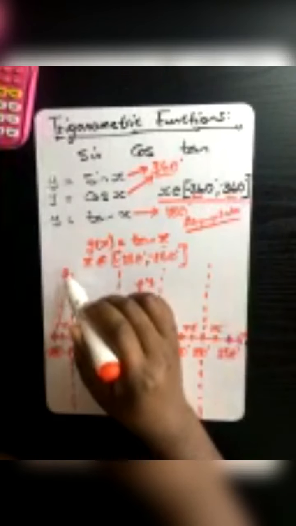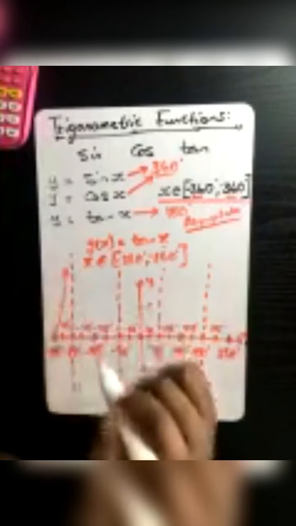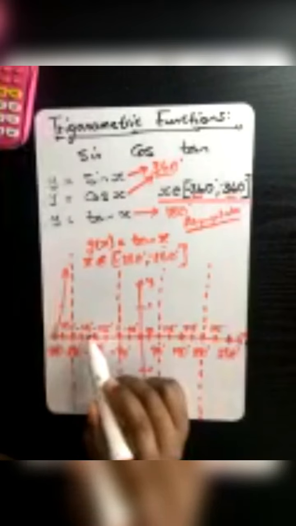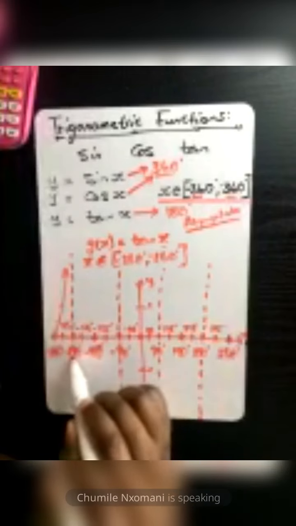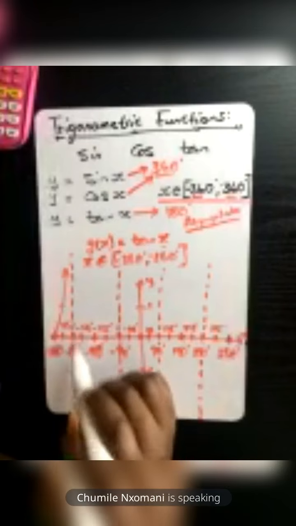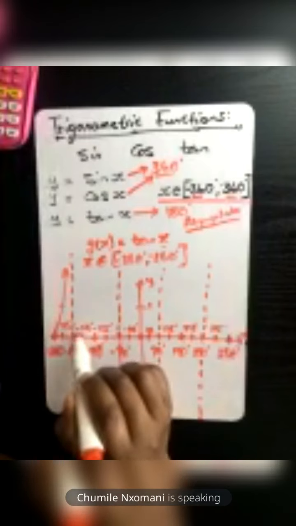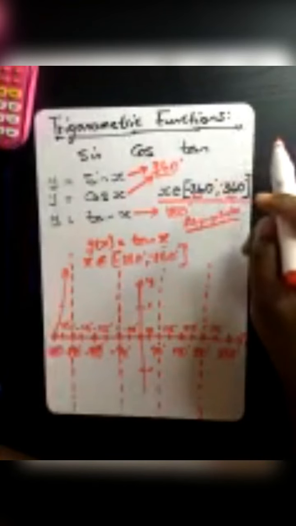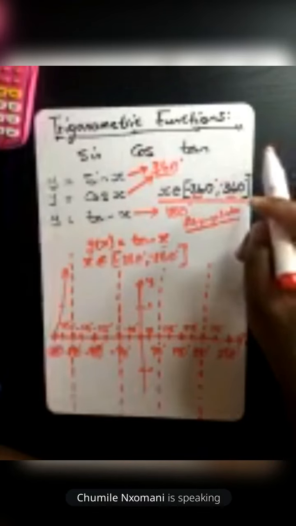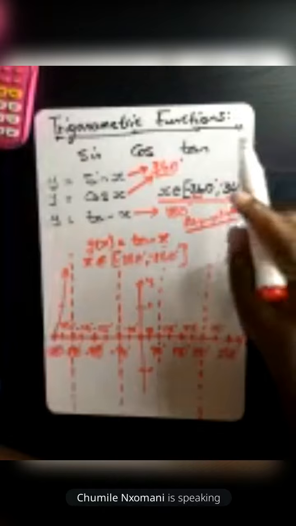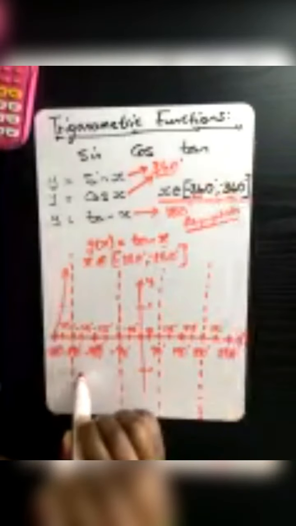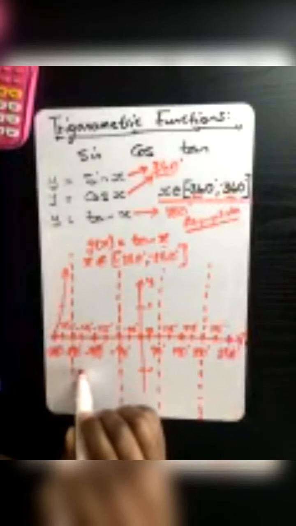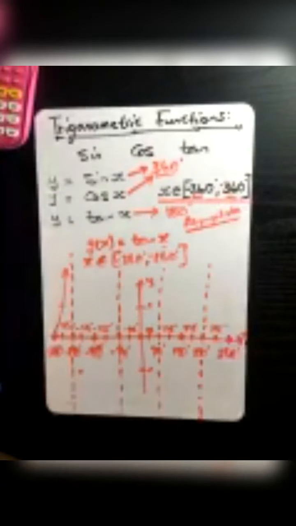It never touches or crosses the asymptote. What about the next value? Because we know negative 270, what about the 225? The tan of negative 225 is negative 1. Yes, you put a dot there. What about the other value?